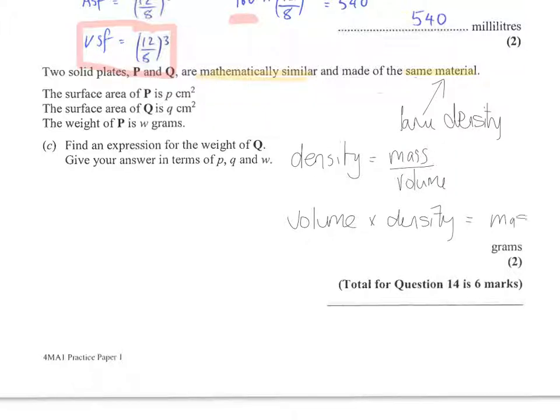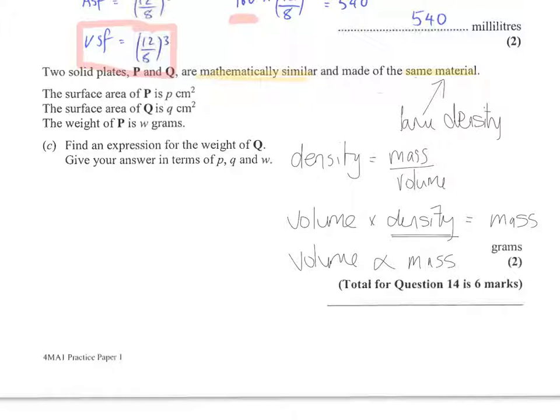Now for our two plates, the density is the same. Therefore, the volume for both discs is proportional to the disc's mass. The constant of proportionality in this case is my density, which is the same, so therefore my volume is proportional to my mass.